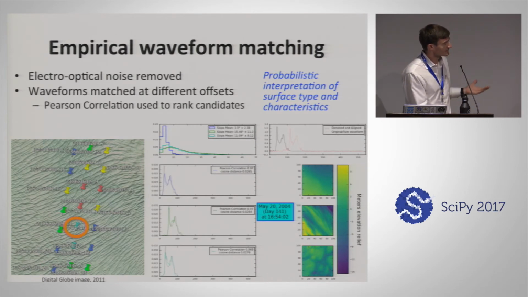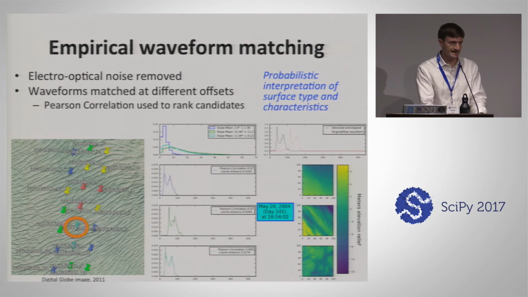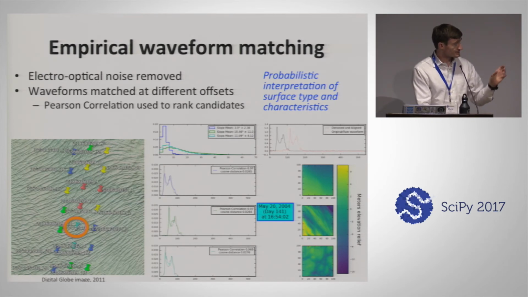And does this actually work? Can we do anything with this? It looks like it works not terribly. So there's a lot going on in this figure, but the red waveform is the actual ICESat waveform. The black one is the best attempt to remove the noise and shift it.